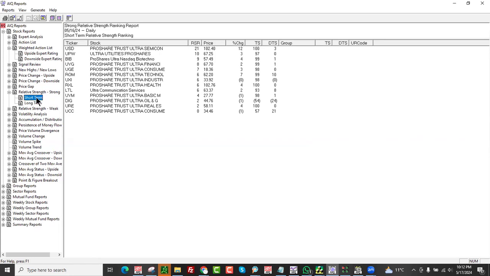So, a quick recap on what relative strength does. It looks at price change over two periods of time, one longer period and one shorter period. The shorter period is given greater weight when assigning a relative strength value. And we do a relative strength ranking of our own, called RSR, within the reports here.